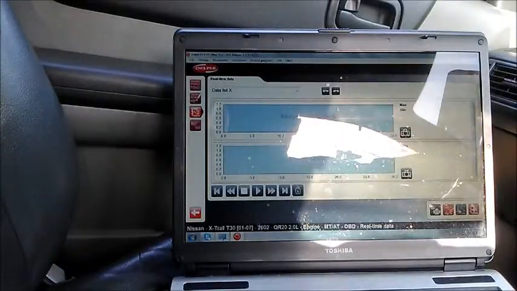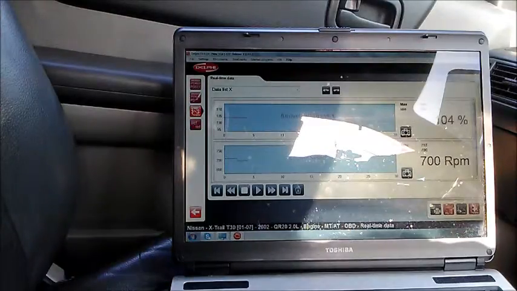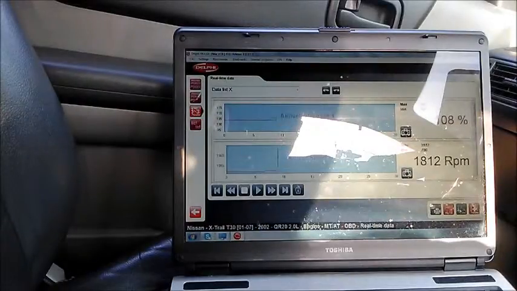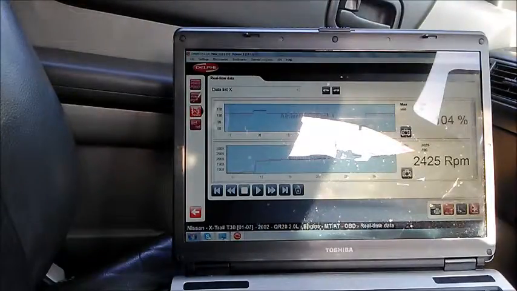And to graph that, okay, put on the gas pedal. Around 2000, looks like it's still at 104. Let me push it to 2500. Still 100.